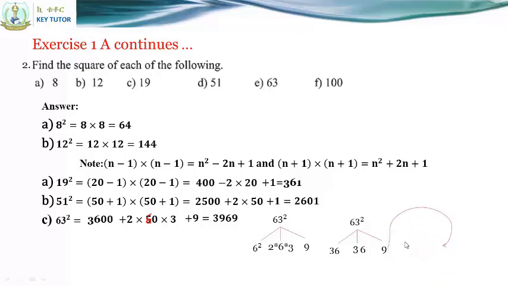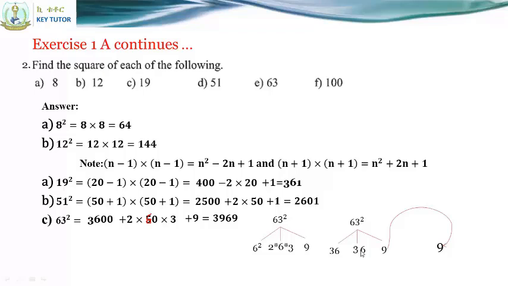Then you go to twice the tens digit times 3, which is 36.